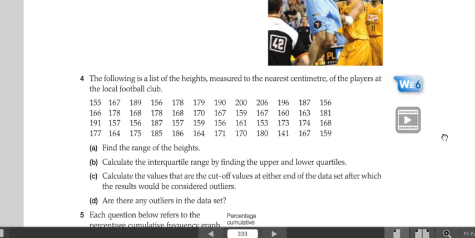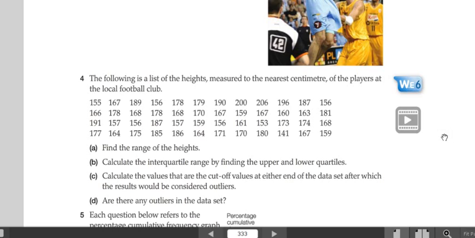What you would be doing is sorting them in order from lowest to highest, then selecting the median, and then finding the Q1 and Q3. However, the calculator makes that a lot easier by you not having to sort them, you just enter them in, in any order. With the calculator it doesn't matter.